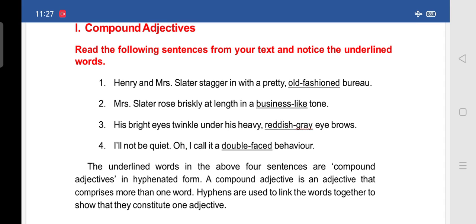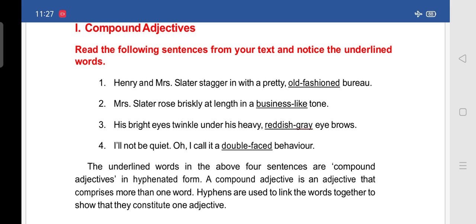Second, Mrs. Slater rose briskly at length in a business-like tone. Here the underlined word is business-like. Third, his bright eyes twinkle under his heavy reddish-grey eyebrows. Here the underlined word is reddish-grey.